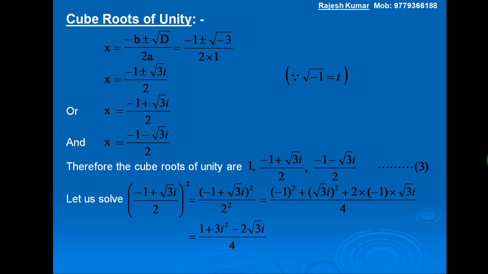or this is equal to minus 1 square is plus 1, plus under root 3 whole square is 3, meaning square root and square cancel each other, into iota square. Plus into minus becomes minus, so it becomes 1 plus 3 iota square minus 2 into under root 3 iota upon 4.